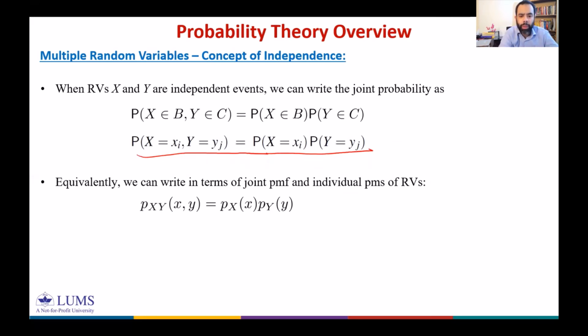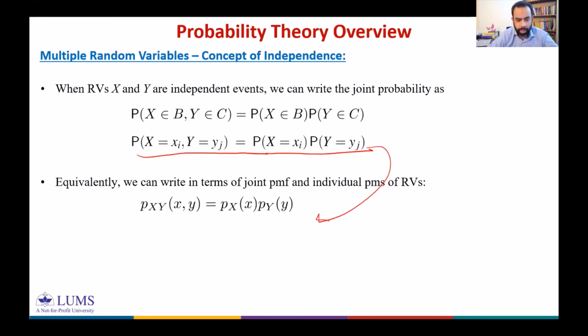And similarly, we can extend this and we can write the joint PMF as a product of individual probability mass functions when we have independent random variables. When the two random variables are independent, the joint PMF is equal to the product of the individual PMFs.